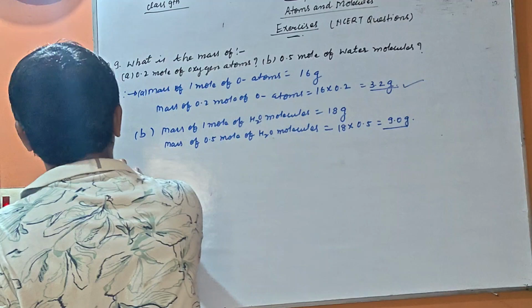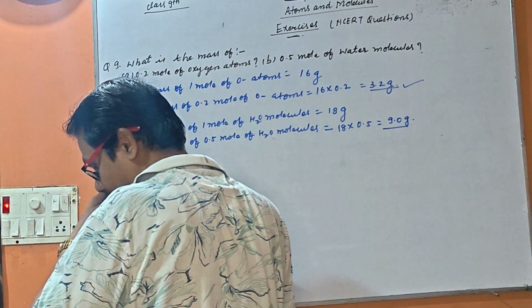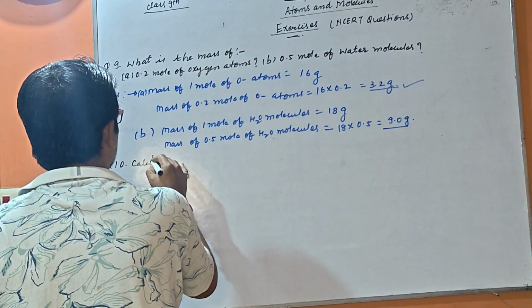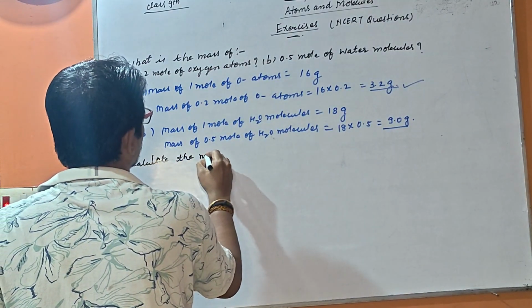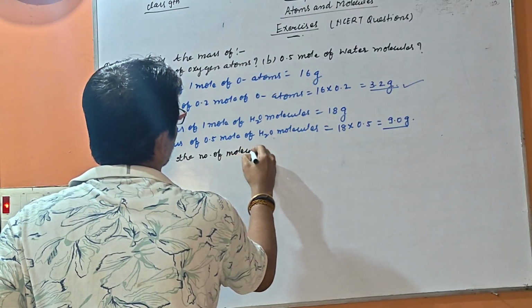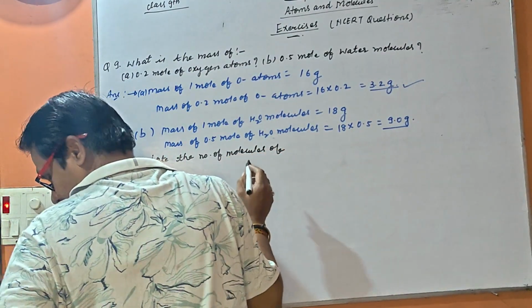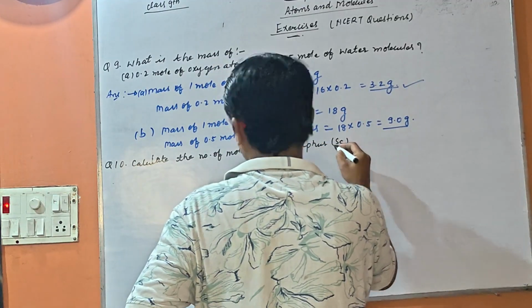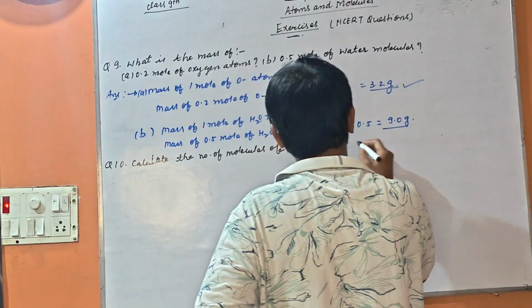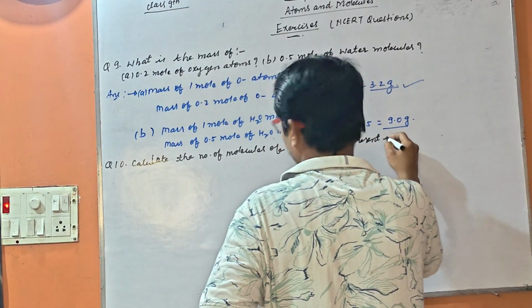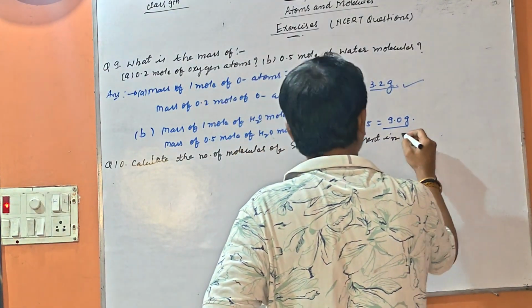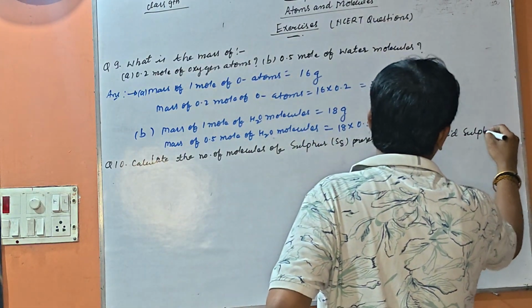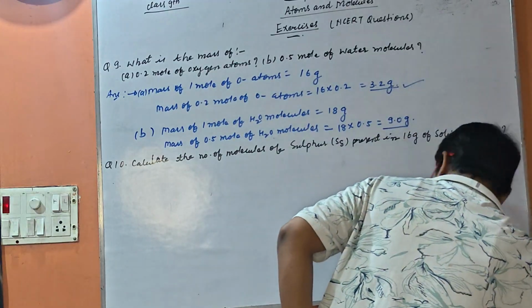Question number 10, the second last question of the exercises. Calculate the number of molecules of sulfur S8 present in 16 gram of solid sulfur.